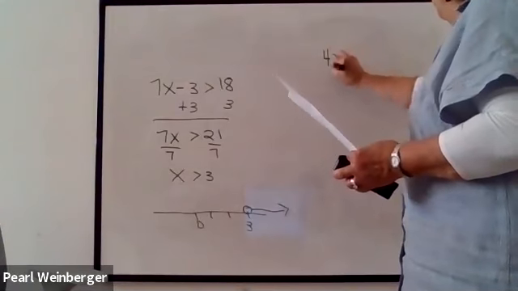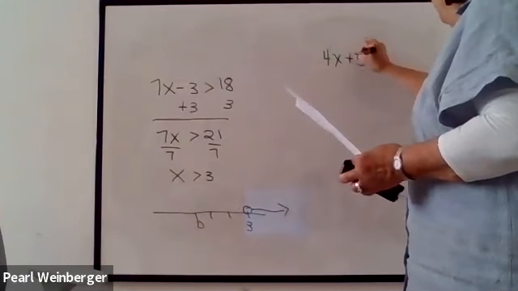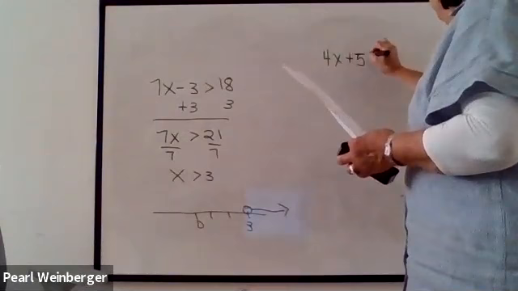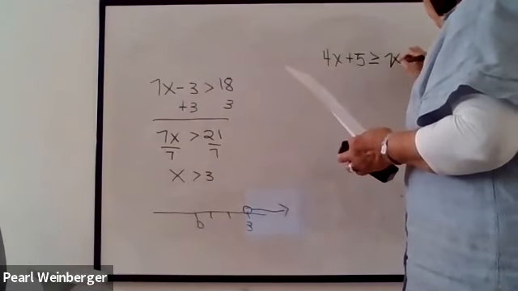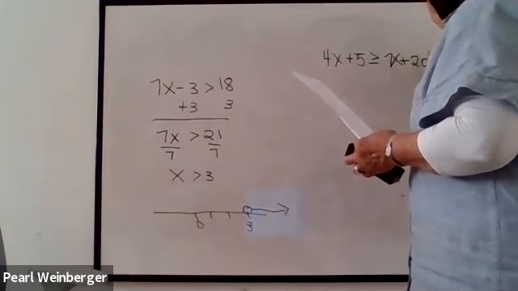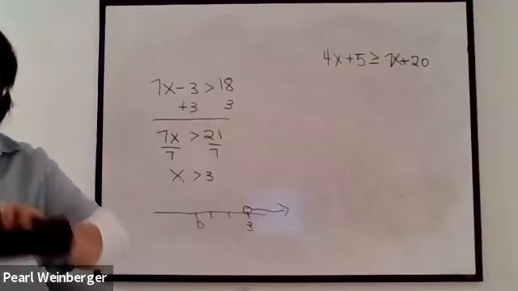4x plus 5 is greater than or equal to 7x plus 20. I'm going to give you a couple of minutes to try this one out on your own.